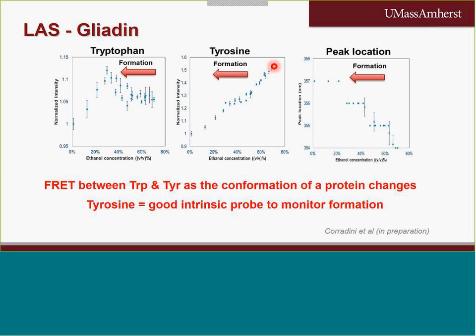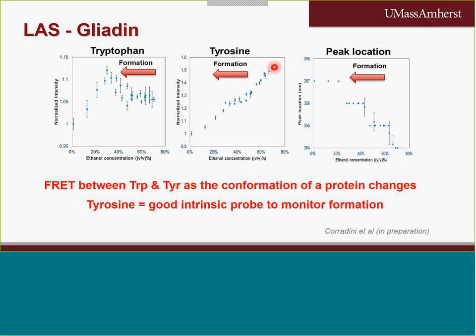We would speculate, and are doing additional studies in order to figure out if we are actually correct. However, the preliminary data suggests that tyrosine is coming closer to tryptophan, having FRET, this energy transfer, which reduces the intensity that we were observing at the initial part of the test.